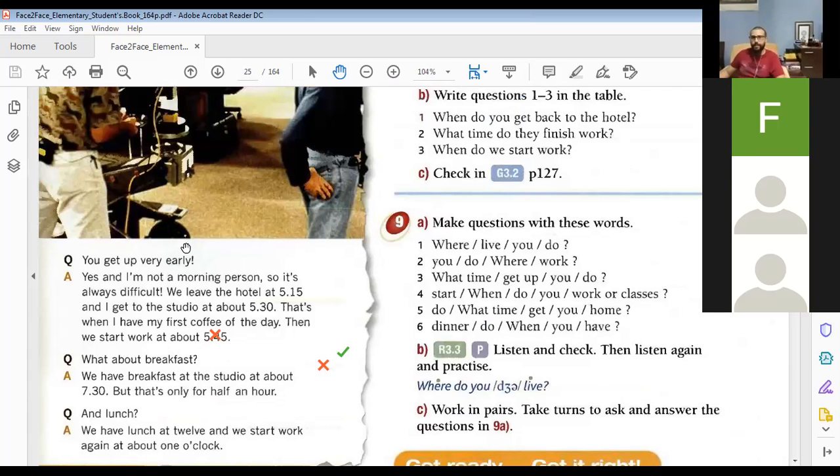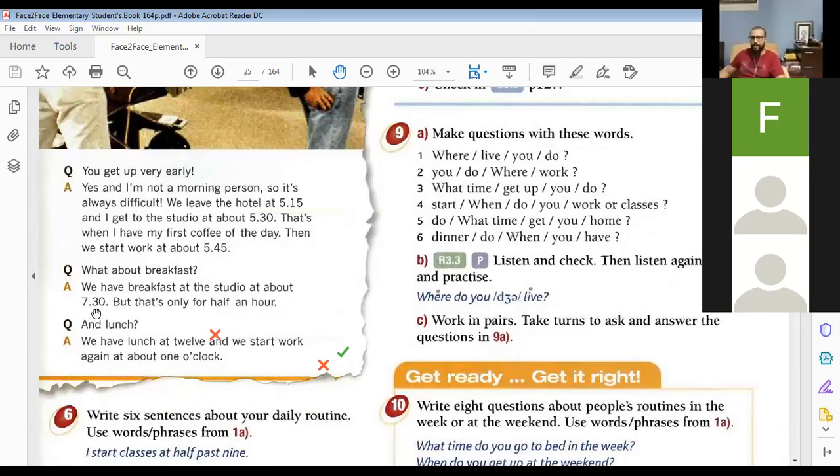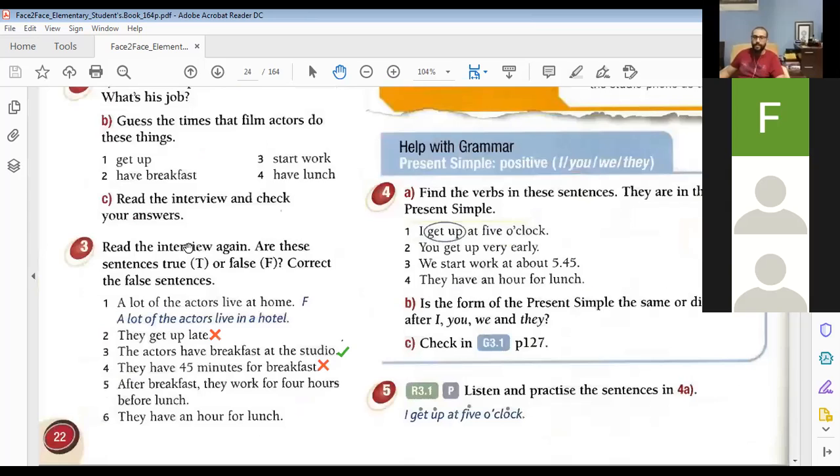No, because they start breakfast at 7:30, but they finish breakfast at 8. Do you get the idea? The sentence is true. I think 4 hours. So from 8 to 12, this is 4 hours. Correct. And they have an hour for lunch.